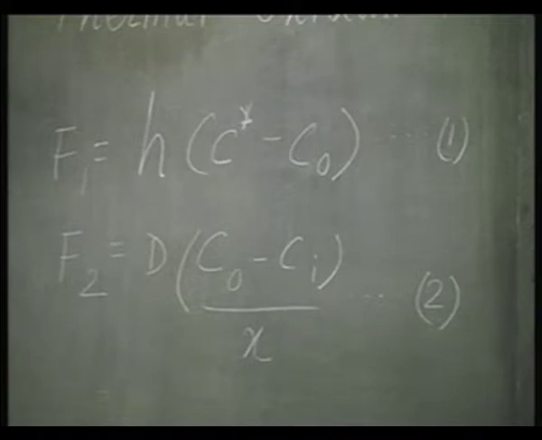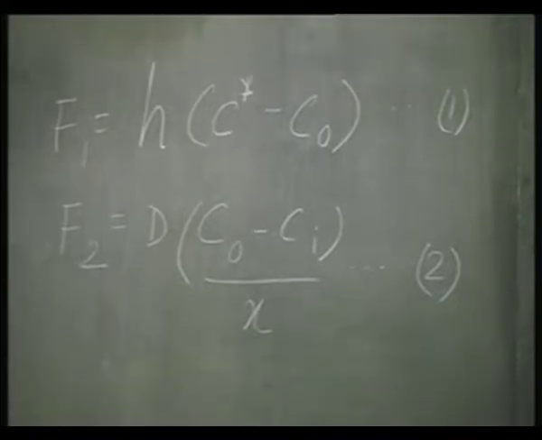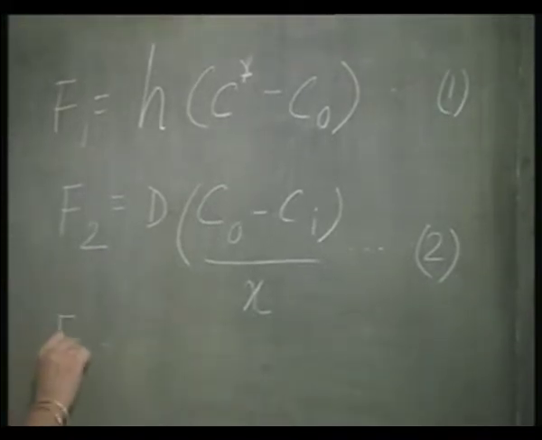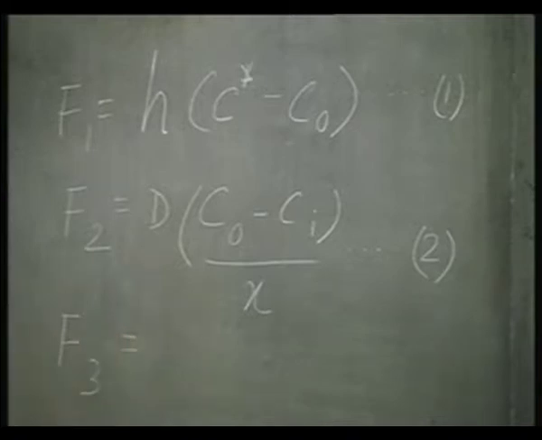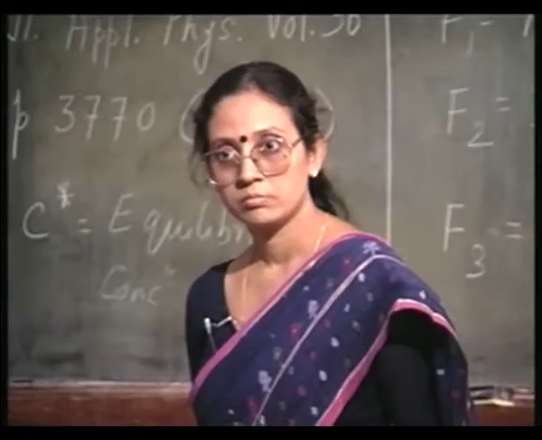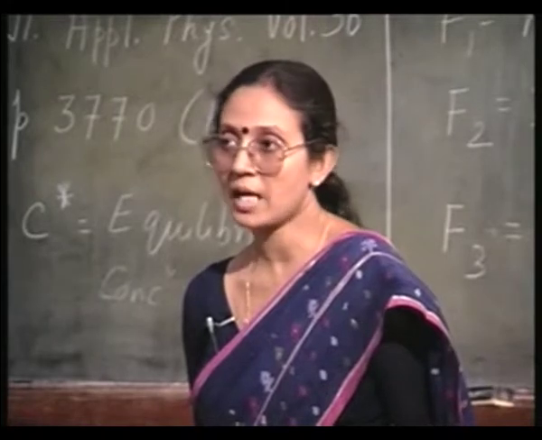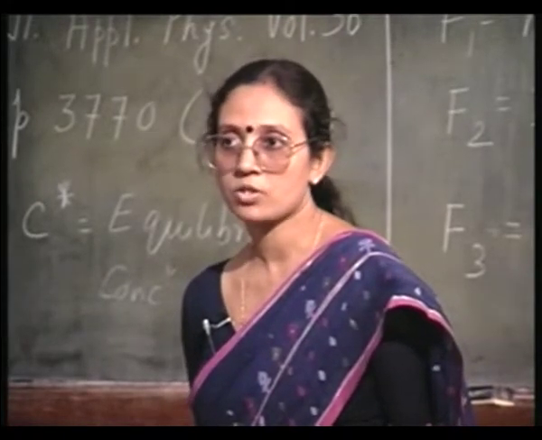And finally, we come to flux number 3, F3. F3 is related to the reaction of silicon with the oxidizing species. Since I have an abundance of silicon at the interface, lots of silicon is present, the reaction will be governed by the availability of the oxidizing species. Isn't it? The more oxidizing species I have, the faster will be the reaction.